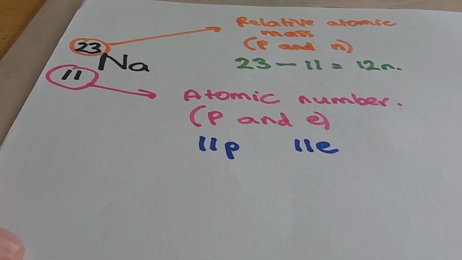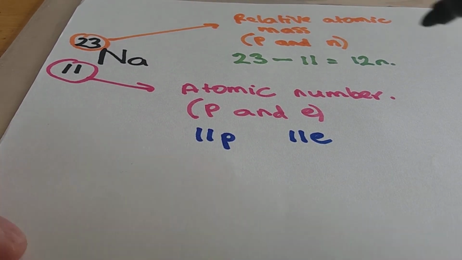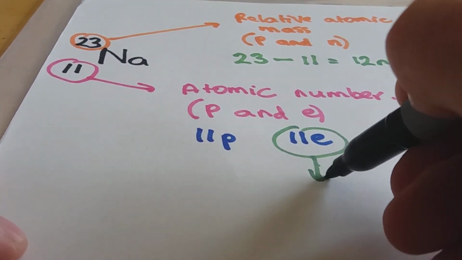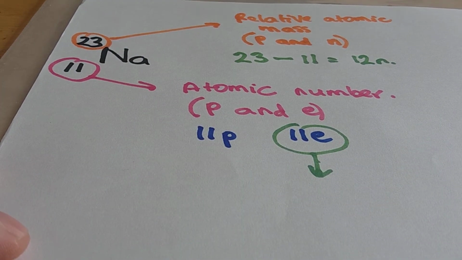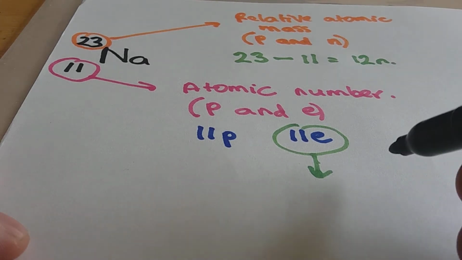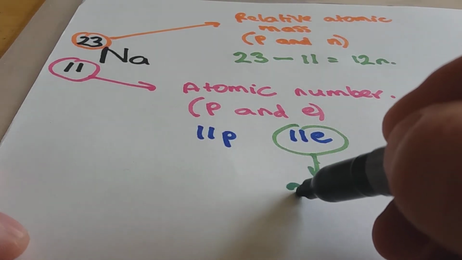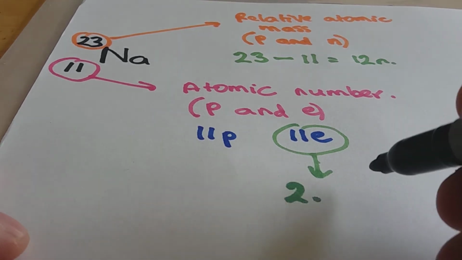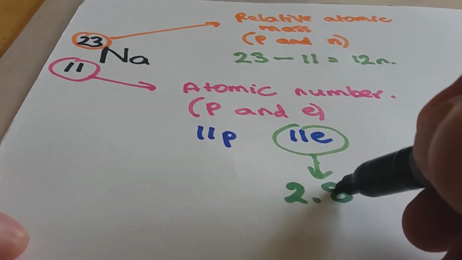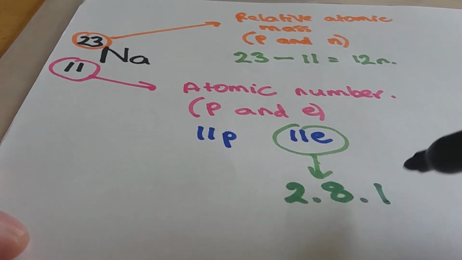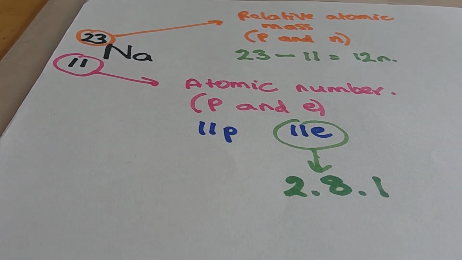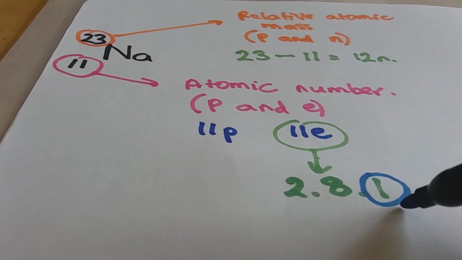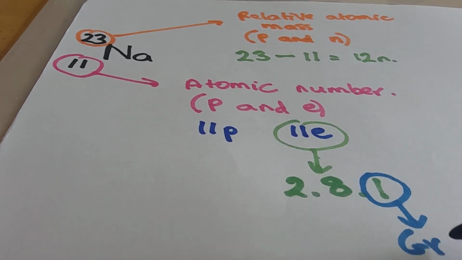Now, I want to go back to the electrons. Electrons, as we know, are arranged in shells. As we know, the first shell holds 2 electrons, all other shells hold up to 8. So sodium has 11 electrons, 2 in the first shell, 8 in the second, so it's going to be 2, 8, and then 1. This 1 is really important because it's the outer shell and it tells us what group the element is in.